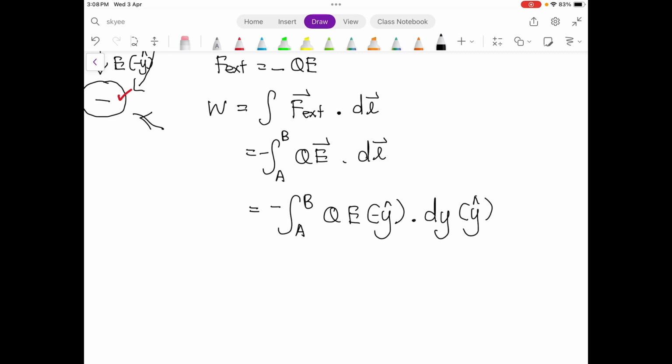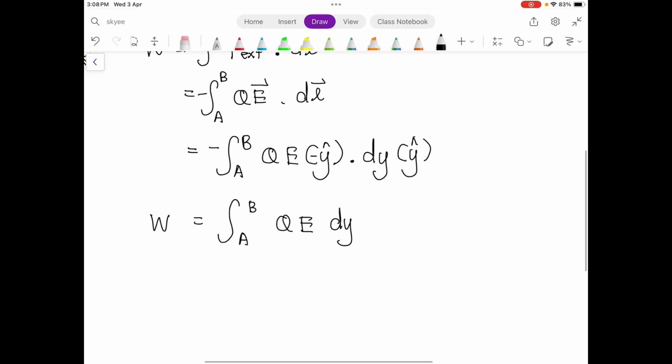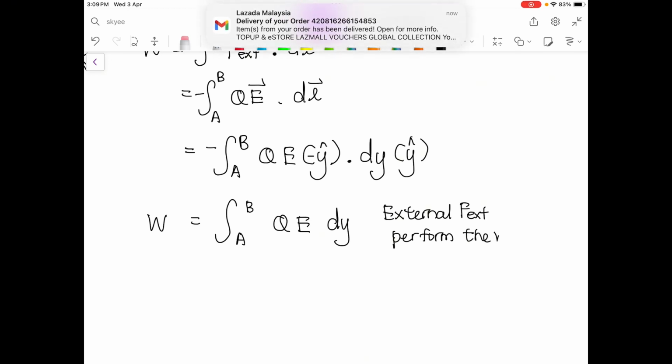You see that this is negative, so you will get your answer equal to positive. When your work done is positive, the external force is playing the role, so the external agent performs the work.